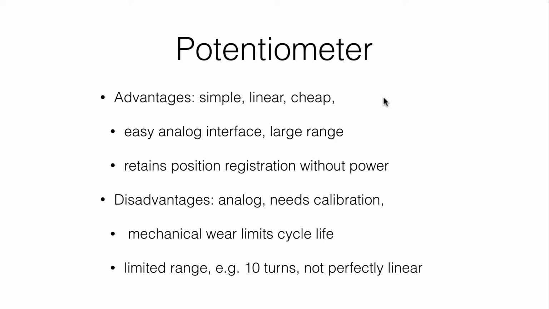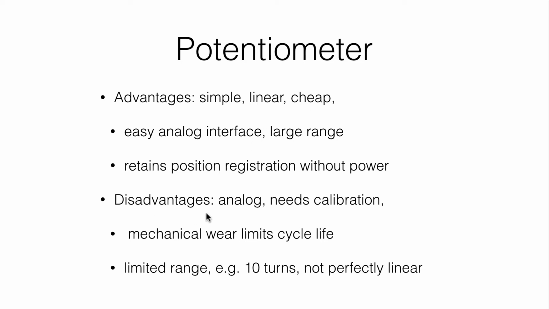If I move a potentiometer and then I turn off the power to my measurement system, and then I turn the power back on, I'll still have the same information about where the position of that potentiometer is. That's an advantage that isn't going to be really clear until a little later on, when we look at encoders, which don't necessarily retain the position without power being applied.